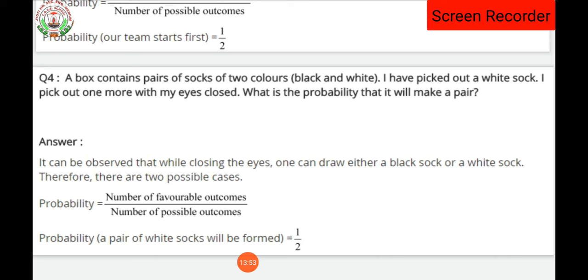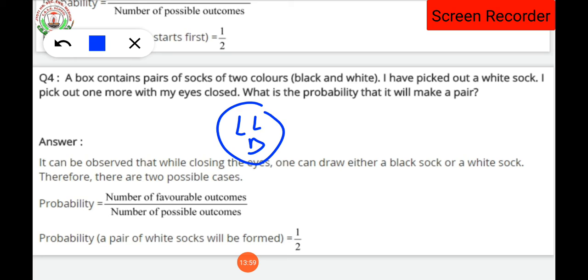So two socks are there. This sock is black, this sock is white. So I had taken a pair of socks, and along with the pair, one more sock is taken by me by mistake. That means the total number of socks is how many? Total pairs are 2.